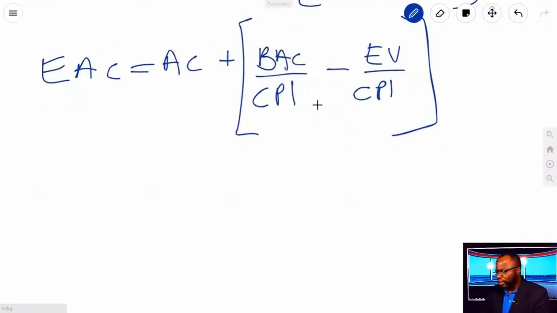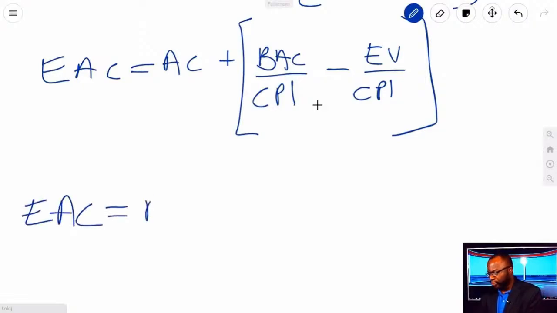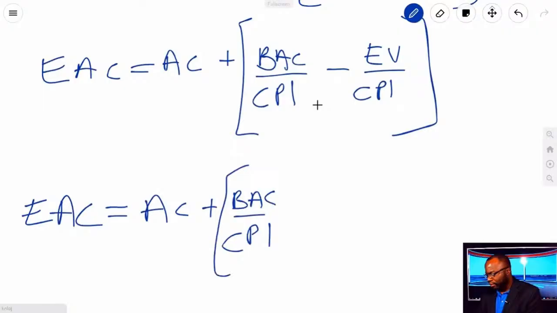So let us solve this down further. I'm going to take this up and continue solving. So we're going to have EAC is equal to the actual cost plus the BAC divided by CPI minus earned value divided by, what is CPI?